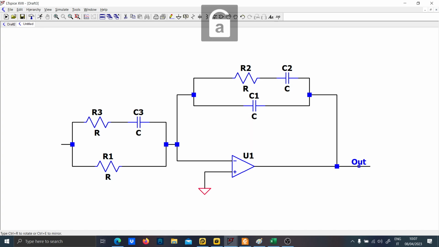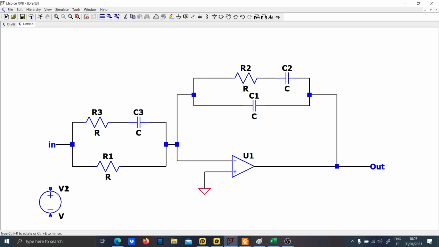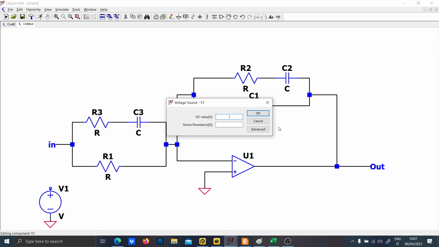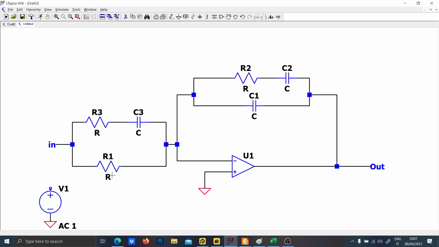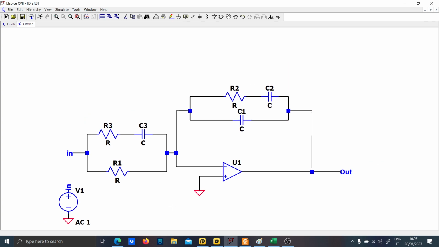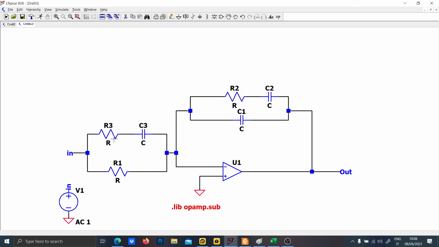This is the output voltage, this is the input voltage, and we are going to just put the AC amplitude equal to 1 on the input. Don't forget to write .lib opamp.sub, otherwise it won't work.